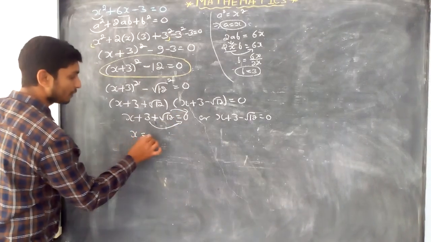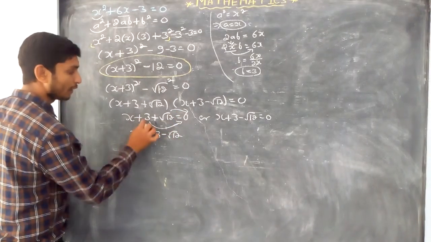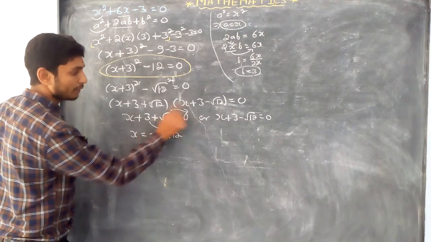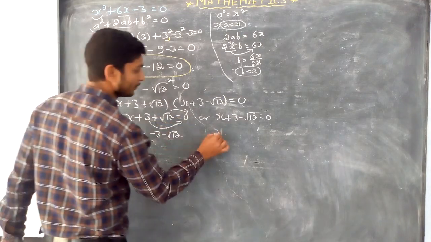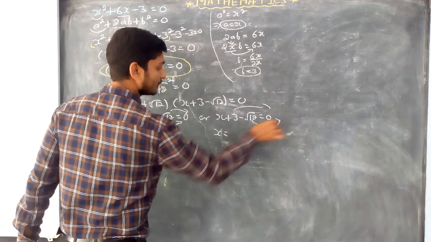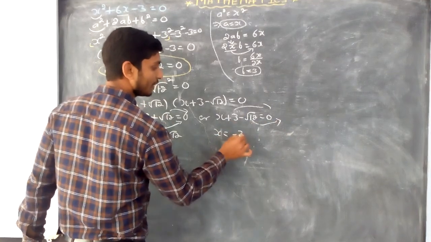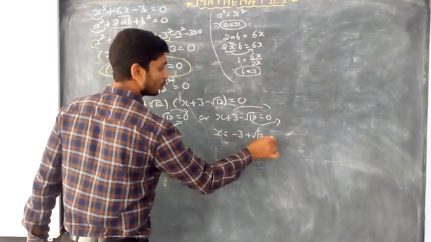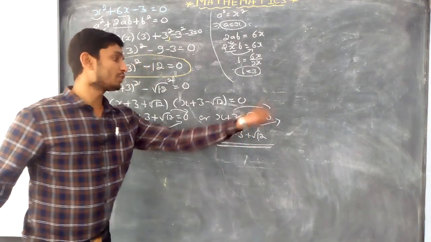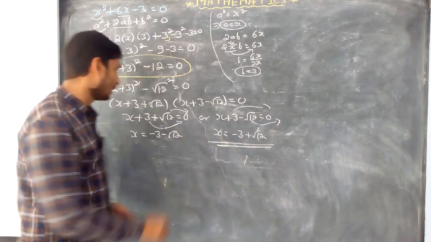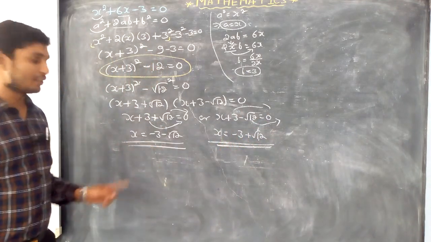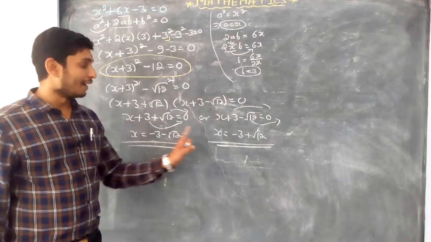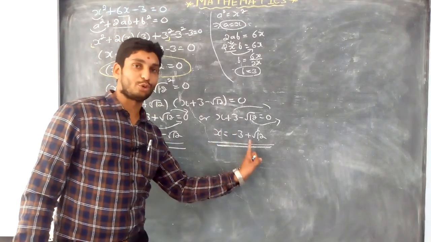It is x equals minus 3 minus root 12: plus 3 going across becomes minus 3, and plus root 12 going across becomes minus root 12. Here also, sending this across, plus 3 becomes minus 3, and minus root 12 becomes plus root 12. Therefore, the roots of this quadratic equation are minus 3 minus root 12 and minus 3 plus root 12.